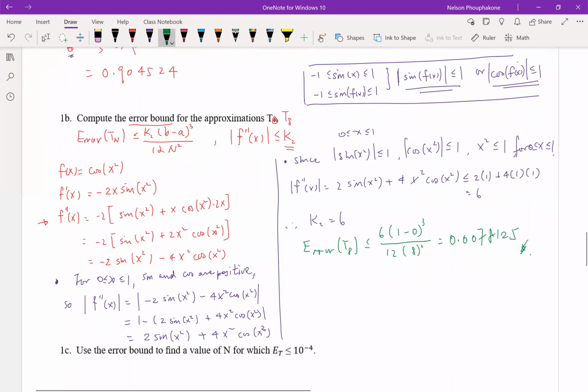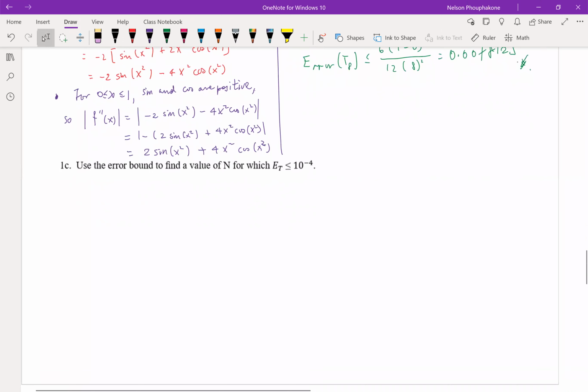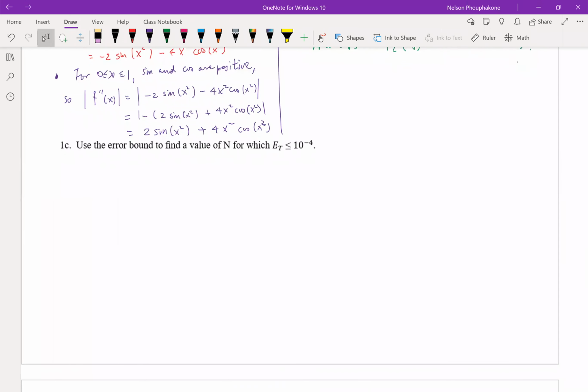Okay, so now let us look at the next example. We would like to use the error bound to find the values of n for which E sub T is less than or equal to 10 to the power negative 4.